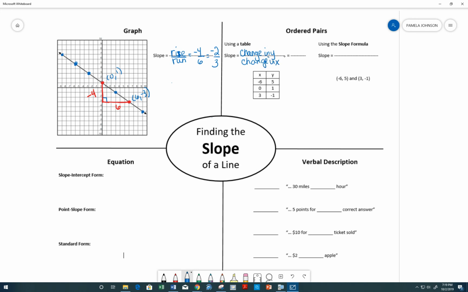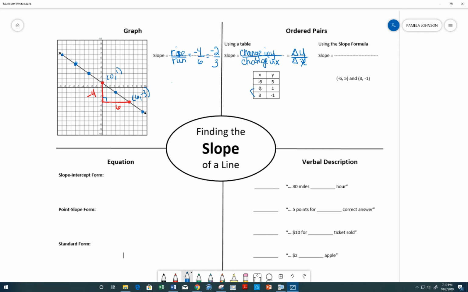Now this actually has a little shorthand. Instead of writing out change in y over change in x all the time, you could do this little triangle symbol. So the change in y over the change in x. Okay. So if I look at my 2 points here, any 2 points, it doesn't matter which.